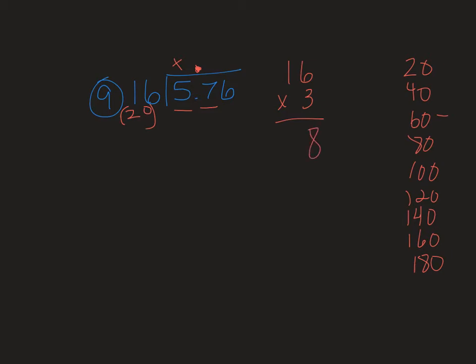6, 12, 18, carry the 1. 3 times 1 is 3, plus 1 is 4. 48, that's going to work. I can't go higher for sure because even 10 more would be more than 57. So I'm going to take that out, and that leaves me with 9. And you can always do that work on the side.